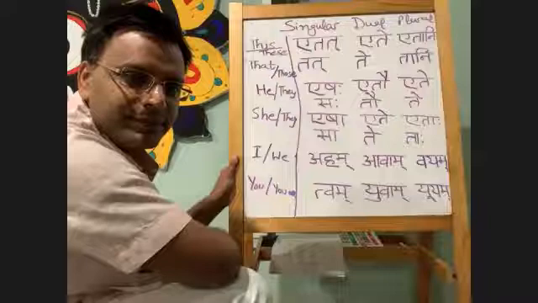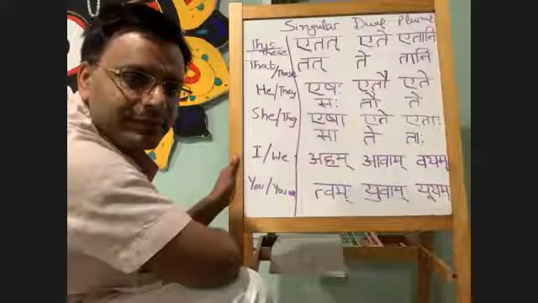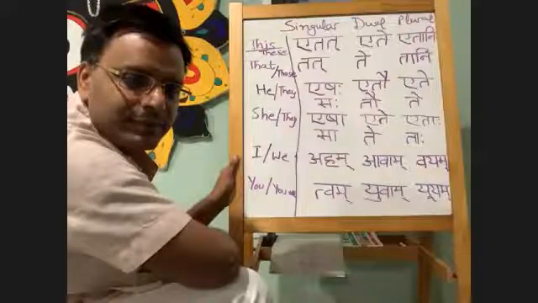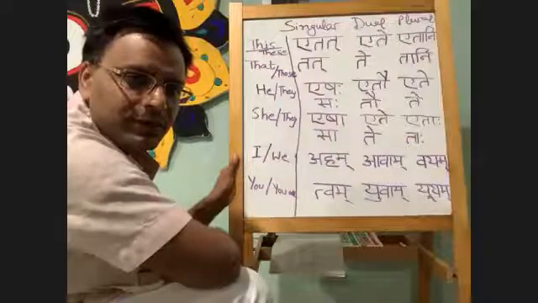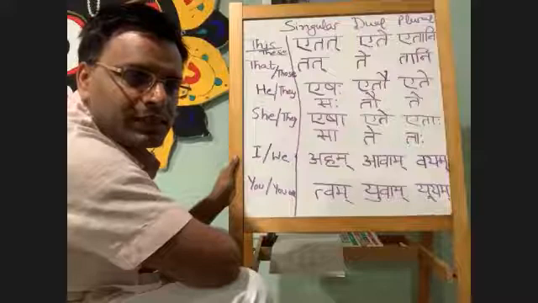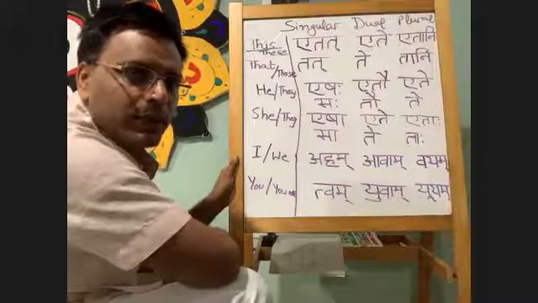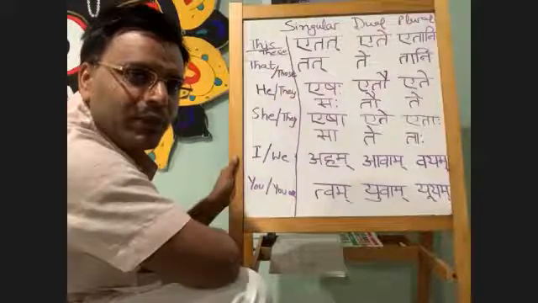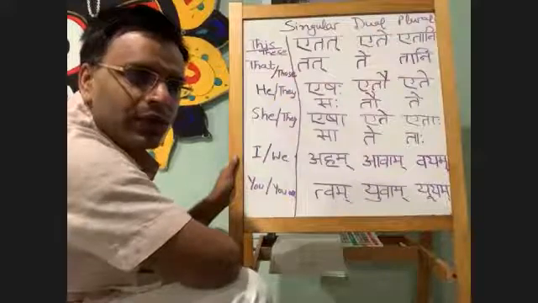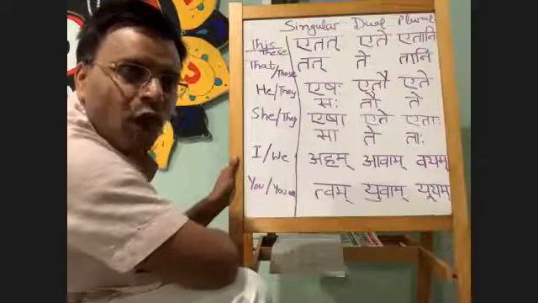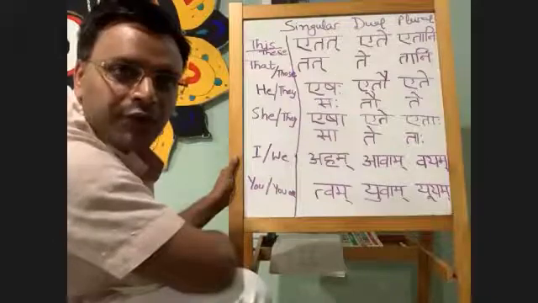What is neutral gender? I know what male and female gender are, but I don't know what neutral gender is. Neutral means some object that could be male also, could be female also. So the neutral object, let's say water or flower.